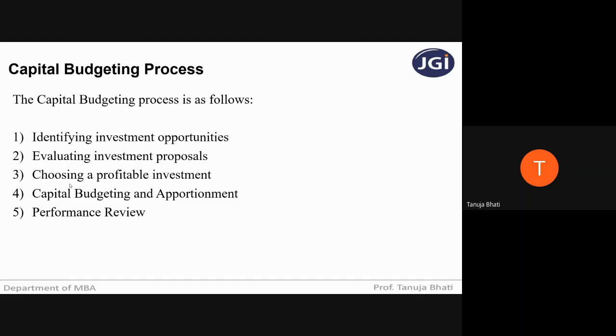Then in the performance review, you have to compare whether your standards have been met and whether the actual expenditure you are incurring by taking that proposal is equal to what you had expected. In terms of expenditure and also in terms of returns, your actual and expected should be the same as per your performance review. Is this clear?